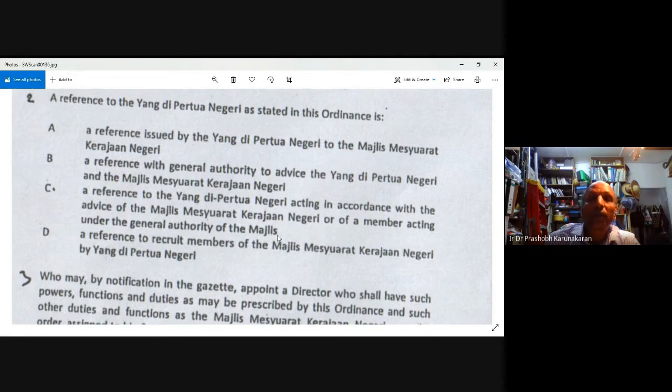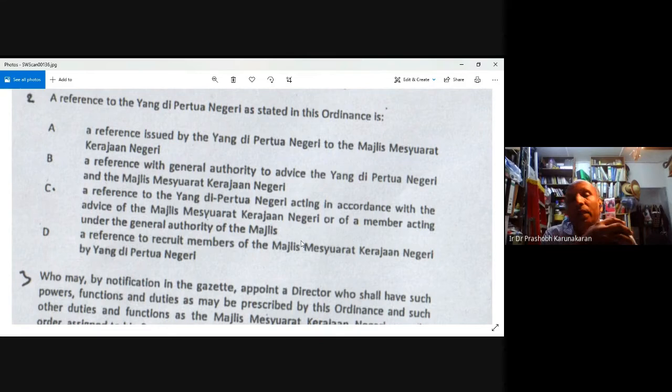This is another thing you must know. The Majlis Mesyuarat Kerajaan Negeri is a committee of the state government that picks the EIU boss. But they don't pick directly. It must be given to the Yang di Negeri, and if he agrees, okay. If not, he can veto.